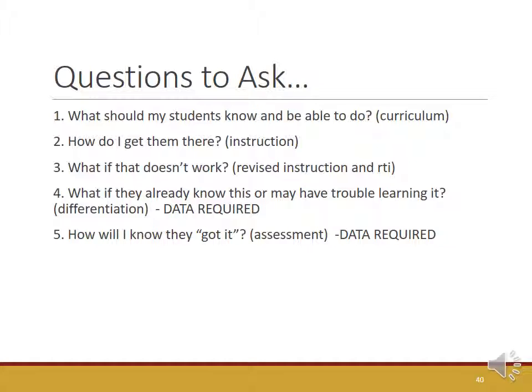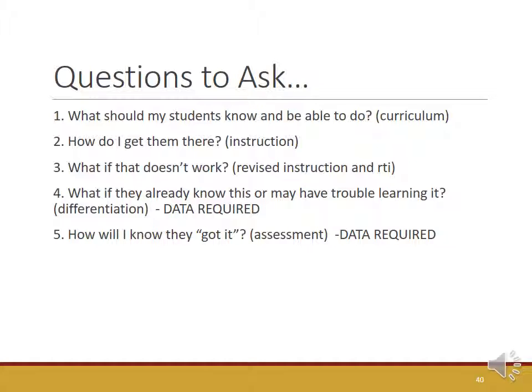The ones that are really far more related to assessment are: if my students have trouble learning the material, how do I tell? Or how do I know if my students already know this? Well, you can't really know that unless you have formative assessment.